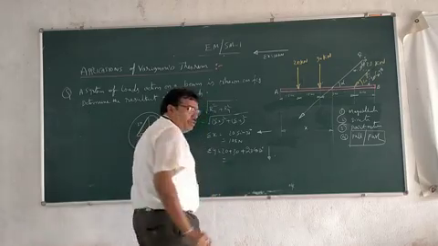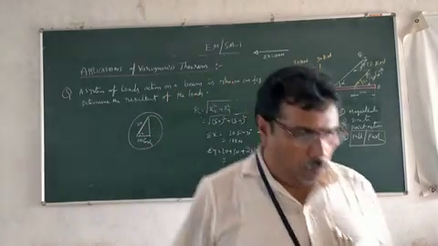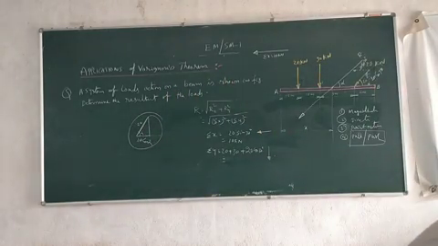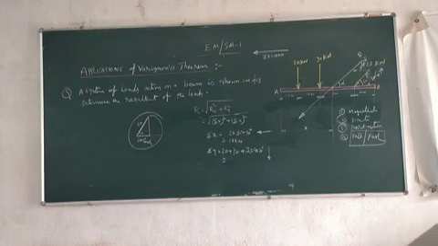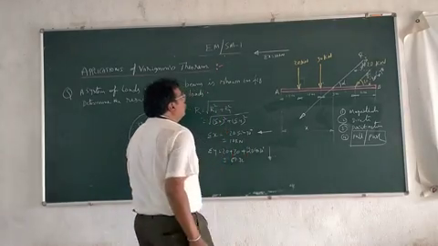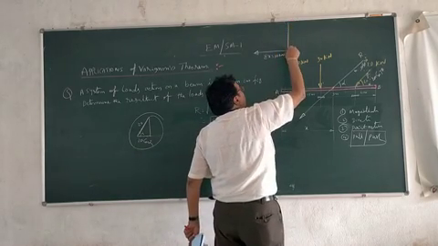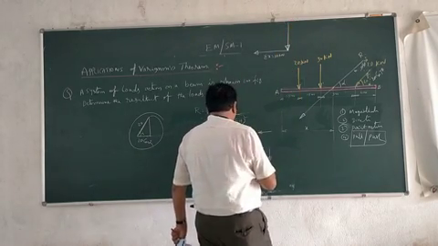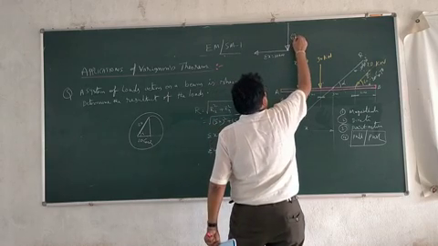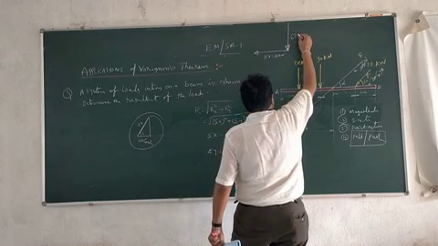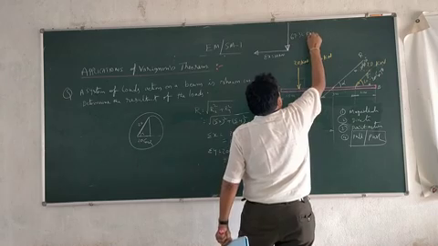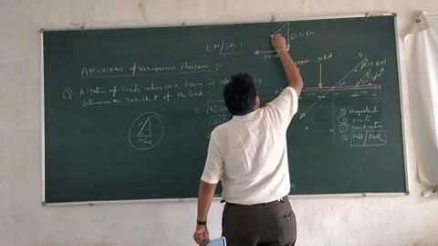Finally we are going to get 67.32 kilonewton, acting downward like this.